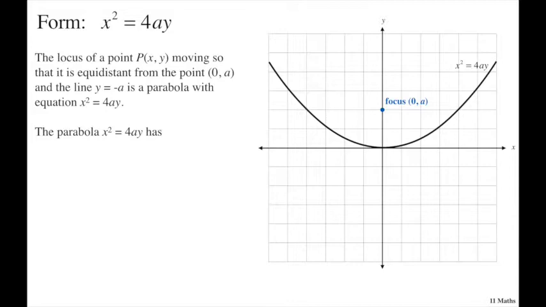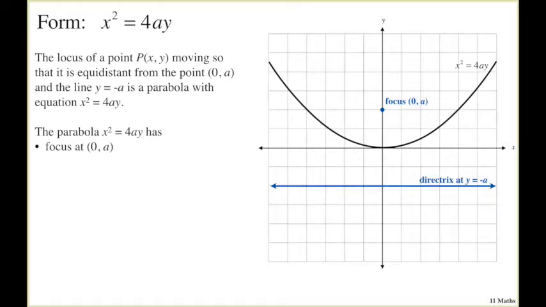It has a focus. We know that. It's at 0, a. It has a directrix, which when we look at our focus and our directrix, we need to remember that the distance from the focus to the vertex is a, and the distance from the vertex to the directrix is also a.